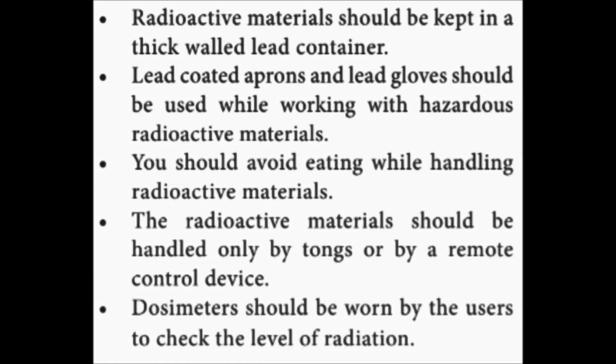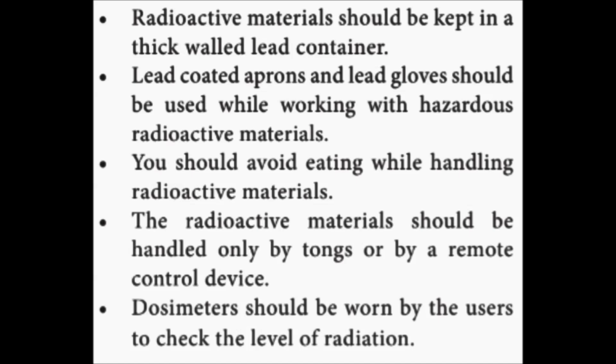What are the preventive measures to be taken while working in radiation? First, radioactive material should be kept in a thick-walled lead container because lead does not allow radiation to penetrate. Next, lead-coated aprons and lead gloves should be used while working with hazardous radioactive material.